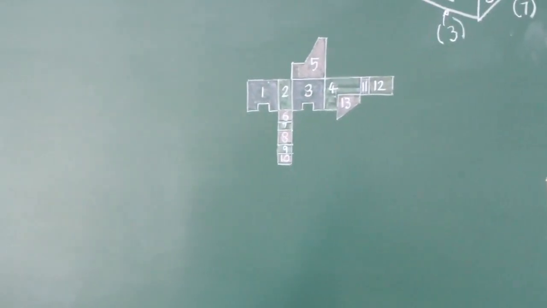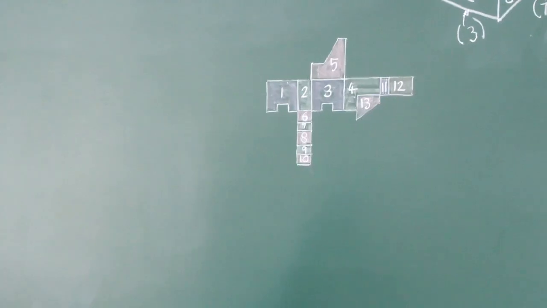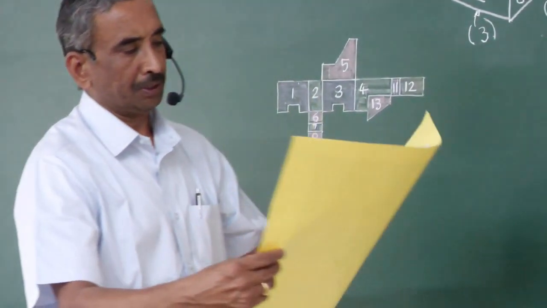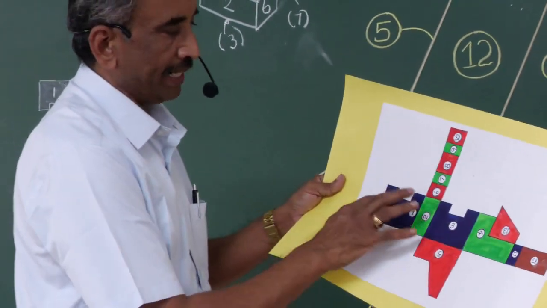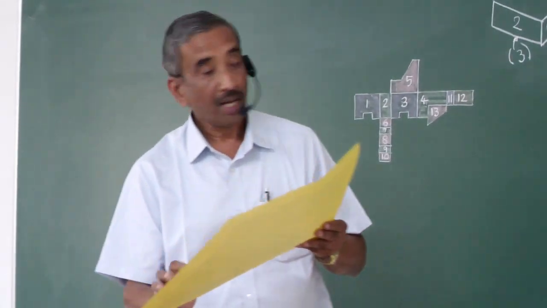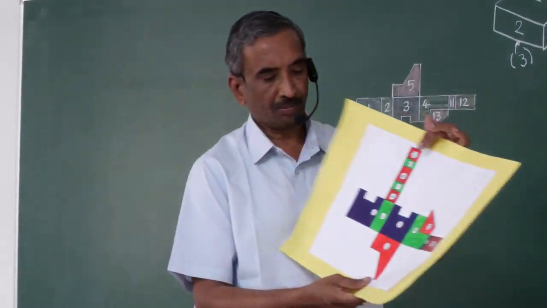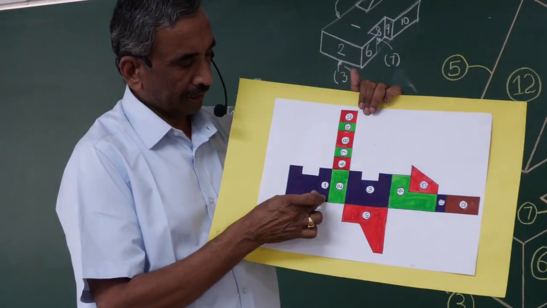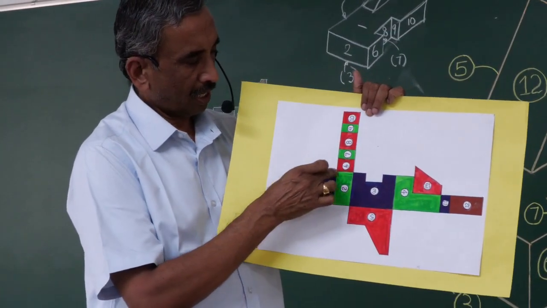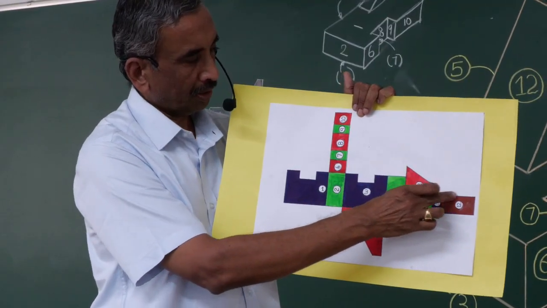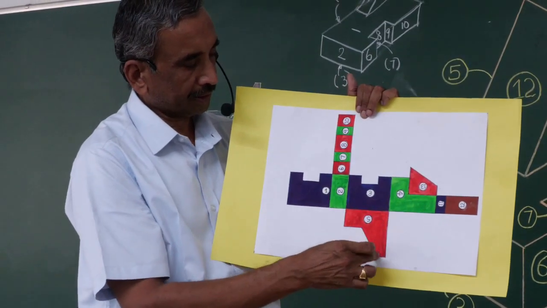I will be showing you. Once you do coloring as we have done, then you have to cut this outer layout. So once you do coloring, you cut along this outer boundary using scissors.